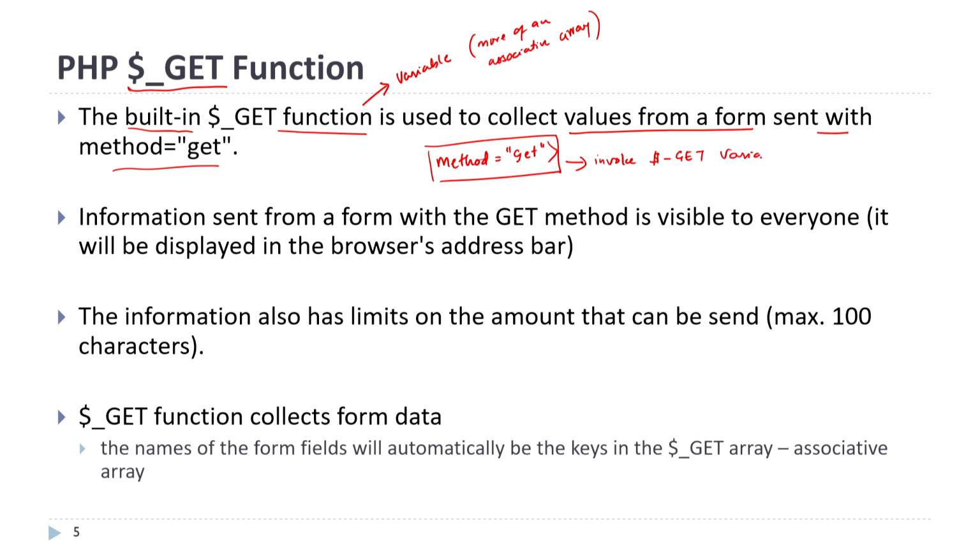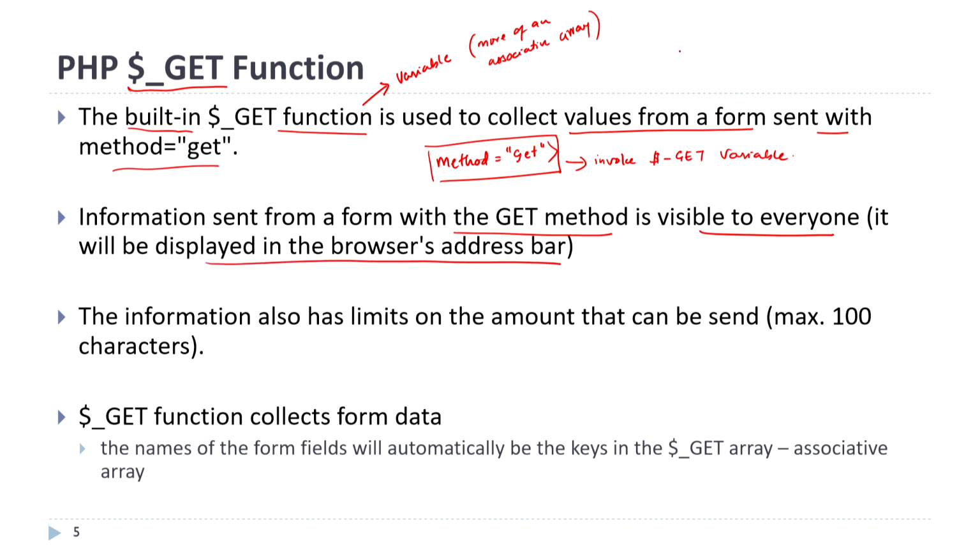The main difference between get and post is that the information sent from a form using the get method is visible to everyone. Visible to everyone means where? It will be displayed on the browser's address bar.